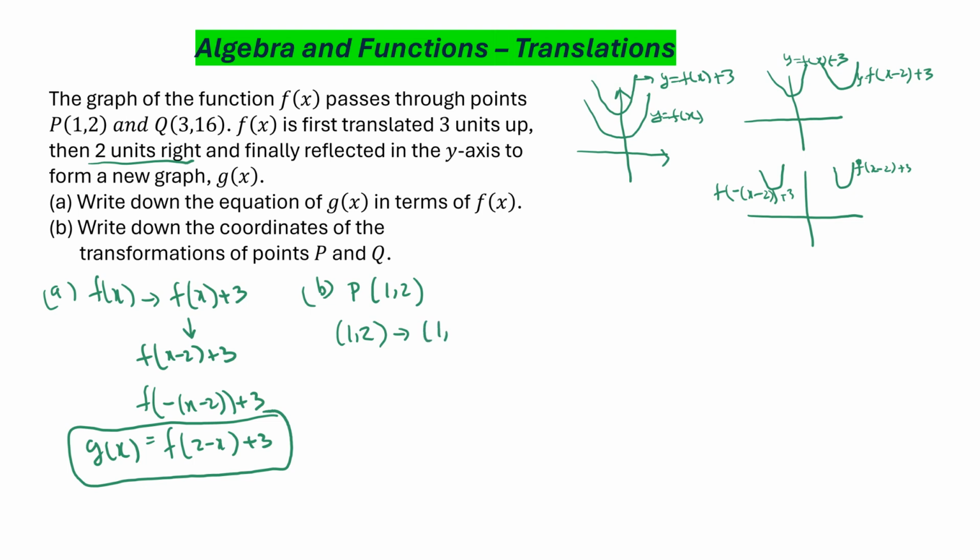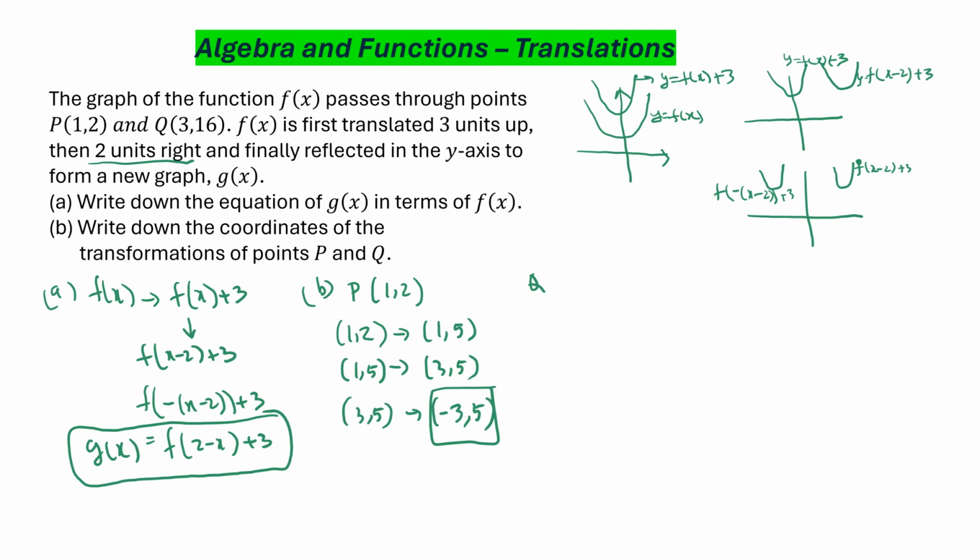So (1, 5). Then it is going 2 units to the right, so the x coordinate would increase: 1 plus 2 is 3, so (3, 5). And then (3, 5) is reflected on the y-axis, so the x coordinate becomes minus 3 and the y coordinate remains the same. So this is the final answer, (minus 3, 5).